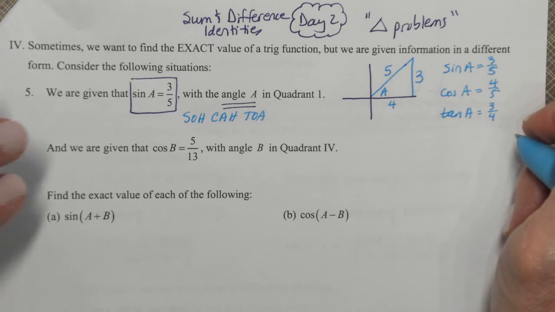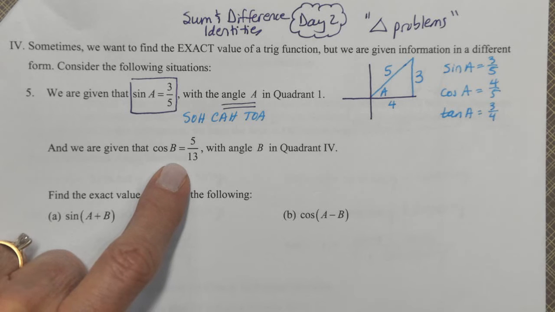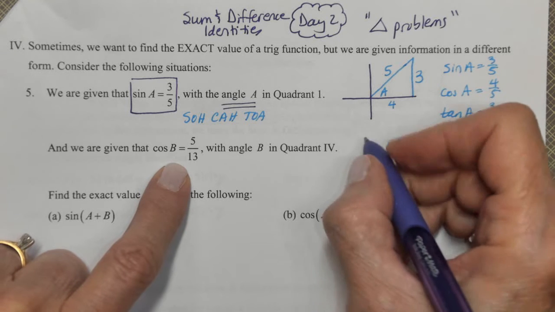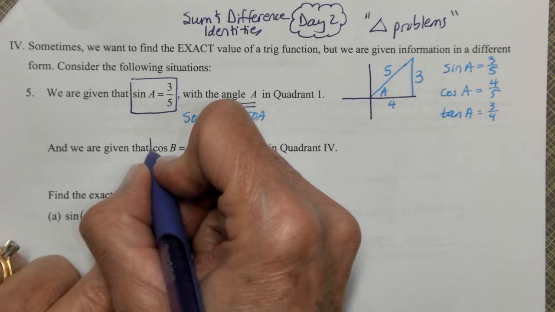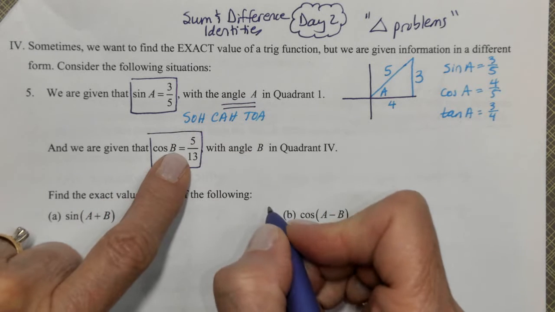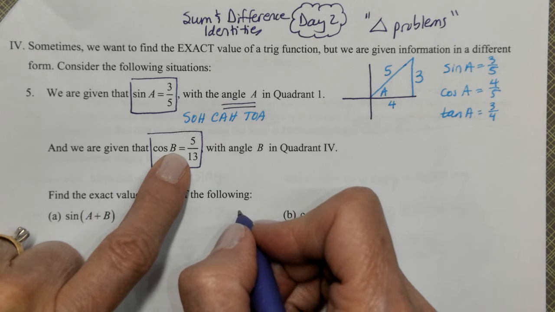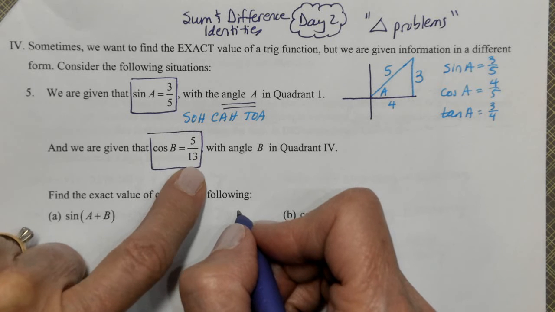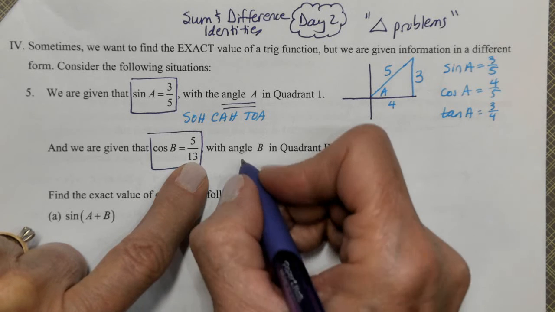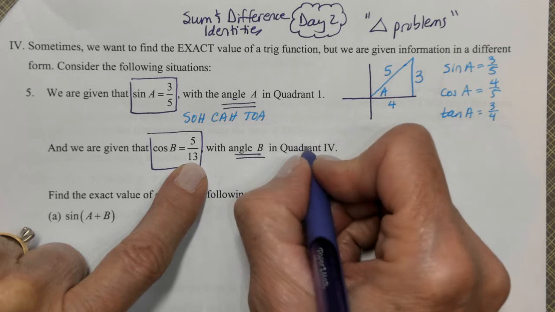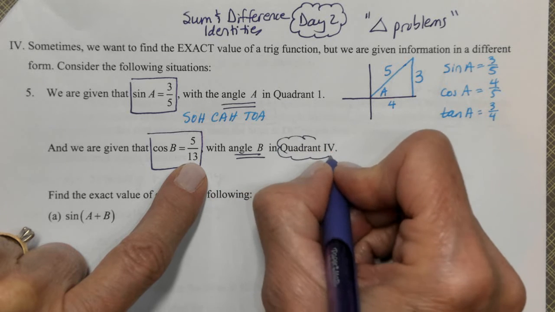We are also given that cosine B is 5/13, so some other angle has a cosine with the ratio 5/13. And angle B is in quadrant 4 this time.